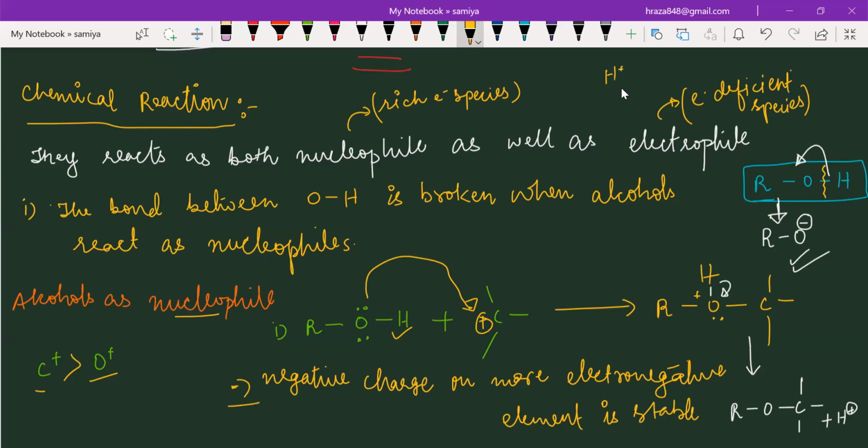Proton means H plus, because no electron will be there. So H plus is a proton, yes or no? Yes, sir. Very good.